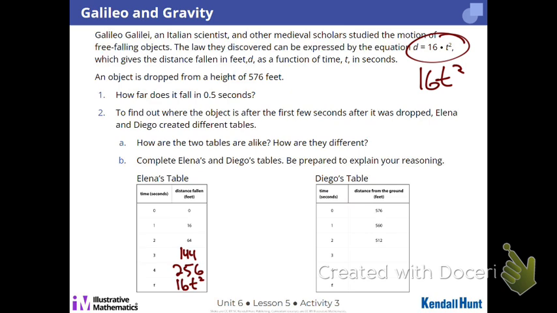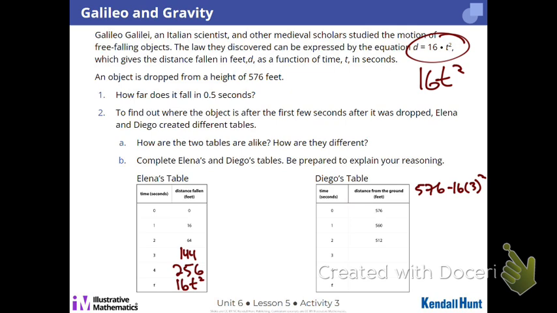Who can tell me what's different about Diego's table? It's how much is left. So I'm going to take away the 16t squared from the height of the building, which is 576. So to get the 3, I'm only going to write this once. I would do 576 minus 16 times 3 squared. I'm going to take away how far it has fallen from where it started.